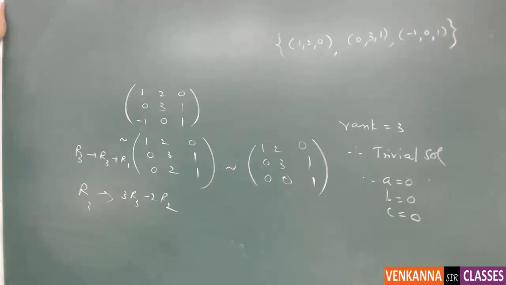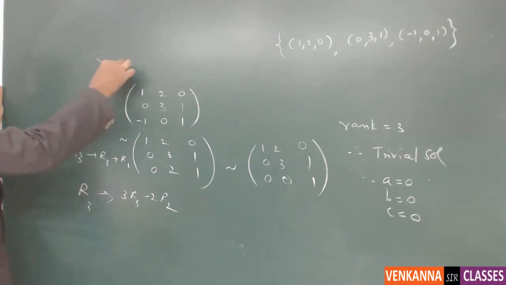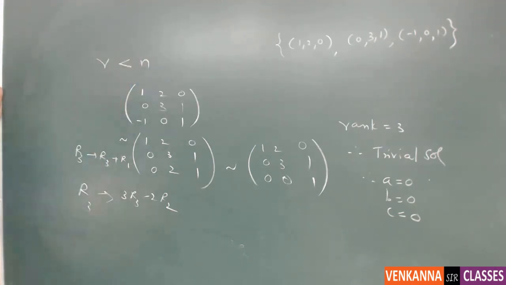If the system is dependent, then the rank will always be less than the number of variables. So you can find some non-zero values for the scalars A, B, C, so that the system will become dependent. This was the whole approach.